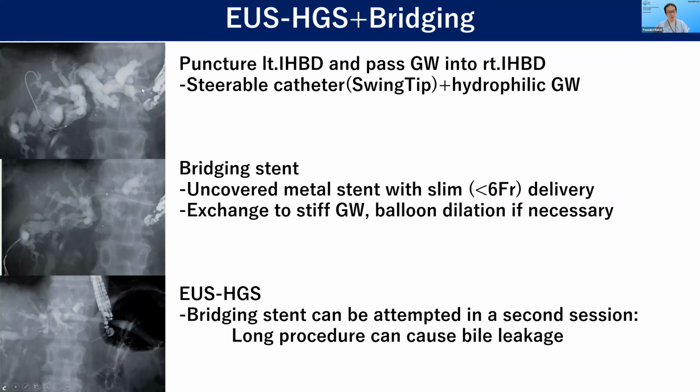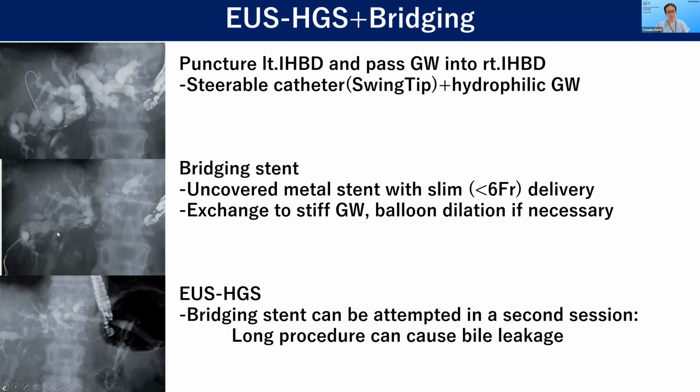First, we puncture from the stomach to the left B2 or B3, and then put the catheter and put the guide wire through the hilar structure. To pass the structure, we often use a steerable catheter like the Swing Tip from Olympus, and a hydrophilic guide wire like a Terumo guide wire.